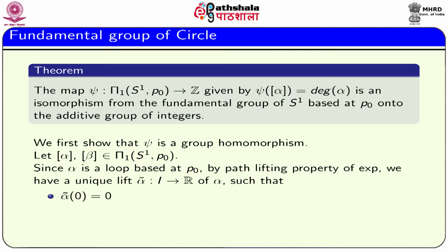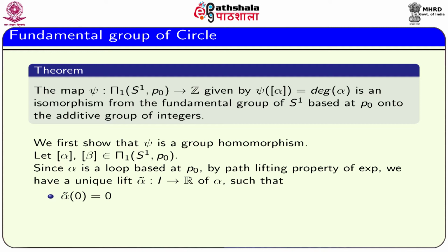So, class alpha and class beta, if they are same, then their degrees are same. Now, let us come to the proof that psi is a group homomorphism. Let us take alpha and beta, two elements from pi 1 S1 P0.